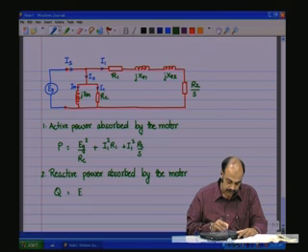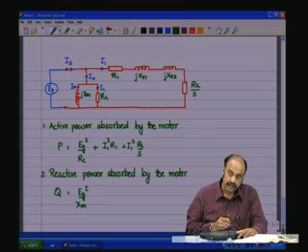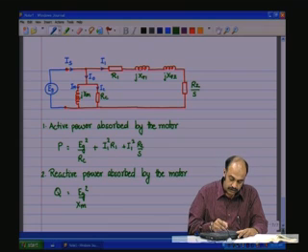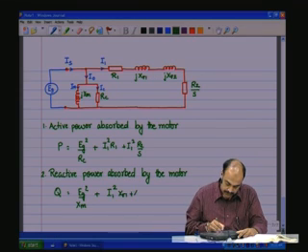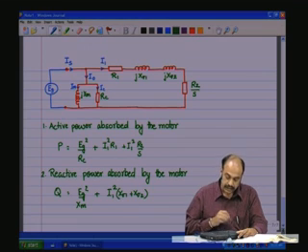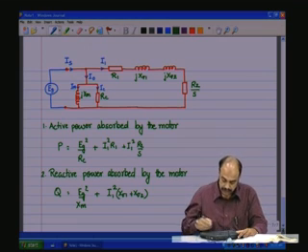So this is Eg square by Xm, magnetizing. In the leakages, X sigma 1 and X sigma 2, the leakage reactances, plus I1 square times X sigma 1 plus X sigma 2. So this is the reactive power which is absorbed by the motor.